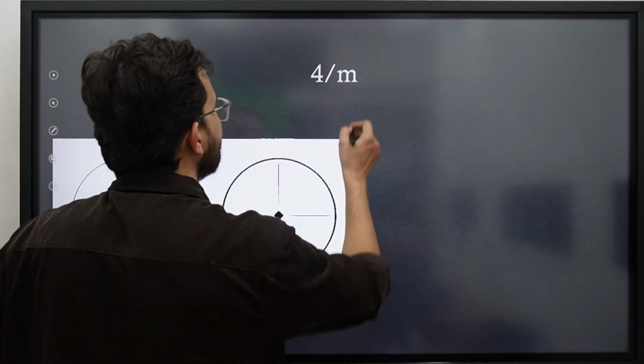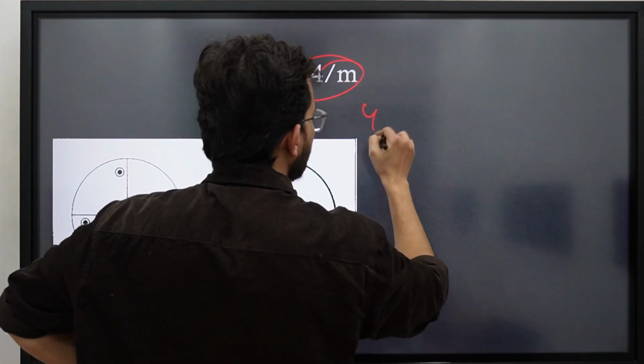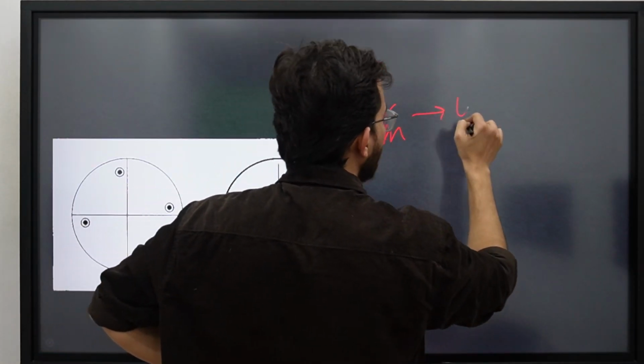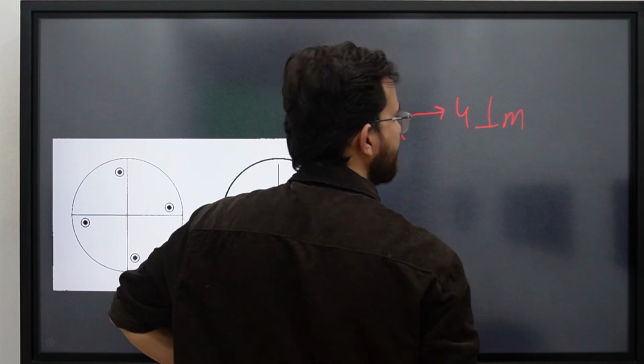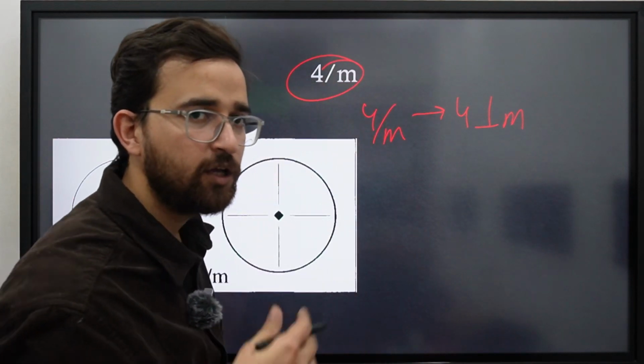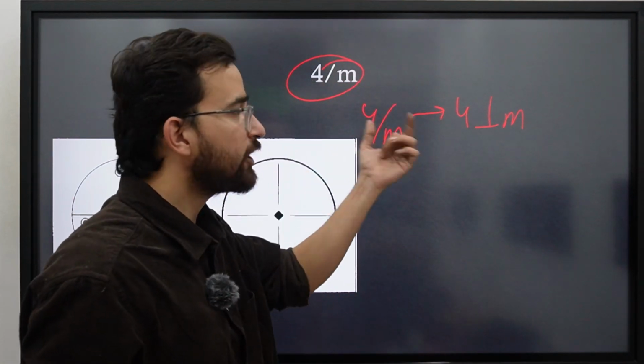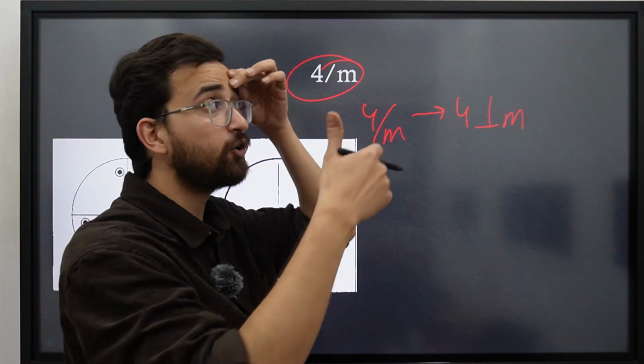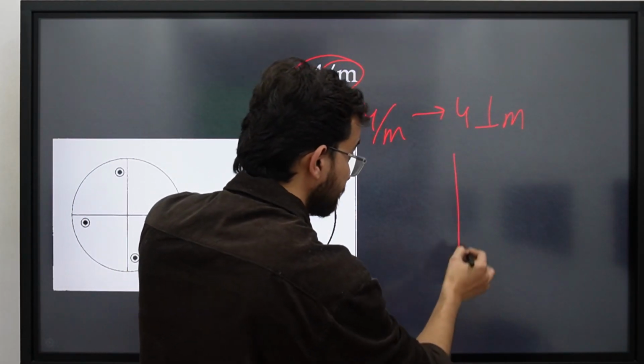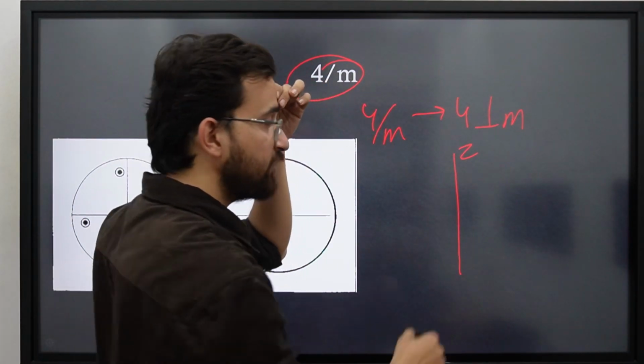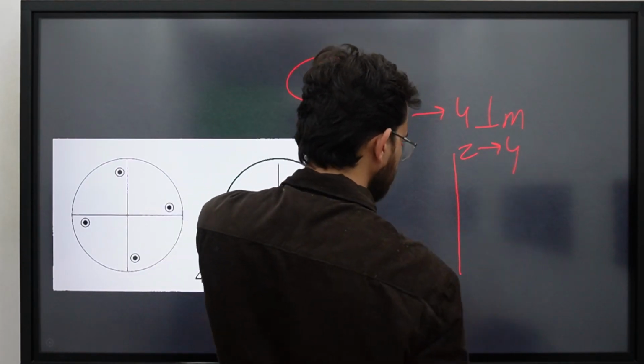So if you want to imagine this 4 by m, 4 by m means the angle between the fourfold and the mirror plane is 90 degrees. They are perpendicular to one another. In your room, if you want to imagine this scenario, how will you imagine? You will look at the vertical pillar, the z axis, and you will say that this is my fourfold.